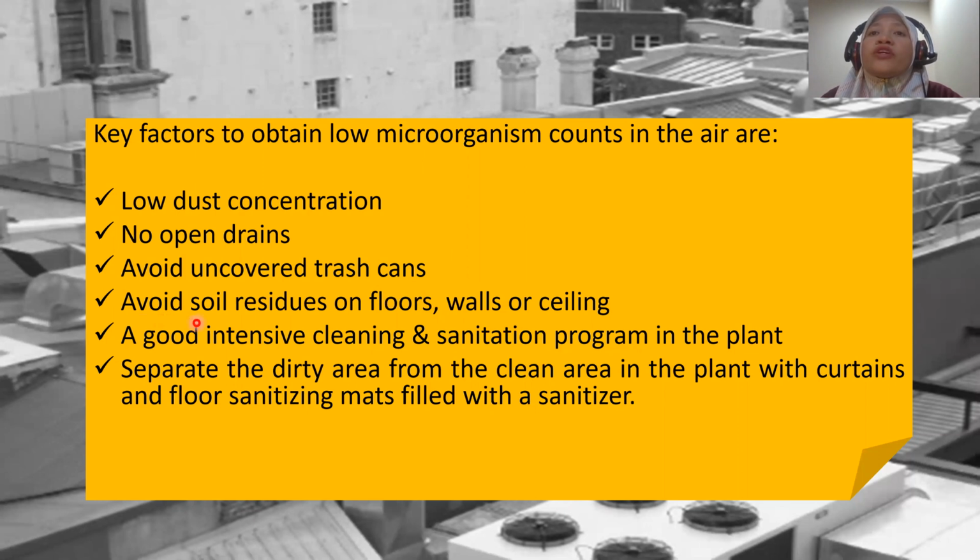Another thing is to avoid soil residues on floors, walls, or ceilings. Then a good intensive cleaning and sanitation program in the plant. And finally, separate the dirty area from the clean area in the plant with curtains. That's why in the food industry we have waterproof curtains, and floor sanitizing mats filled with a sanitizer.